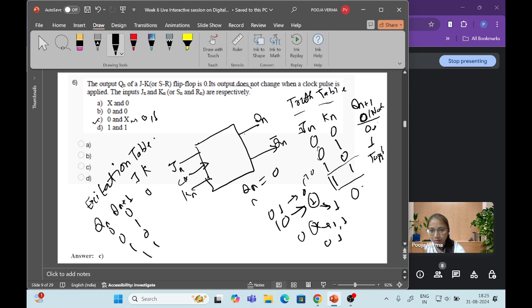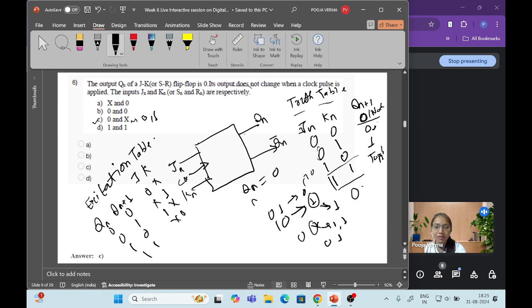J is Qn plus 1 and K is Qn plus 1 complement. Yeah, that is the characteristic equation. The excitation table gives the output and input. So it is 0 x, 0 don't care, x, 1 don't care, and x 0.